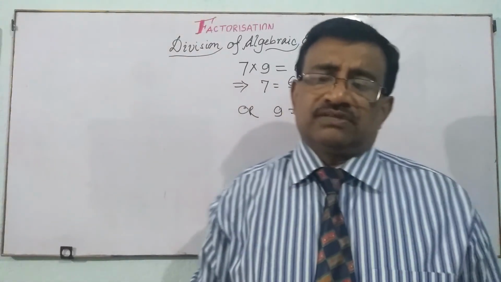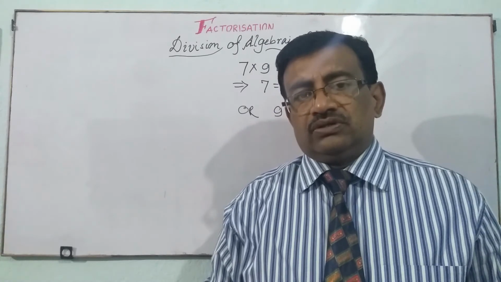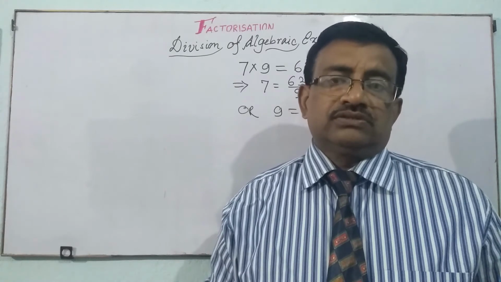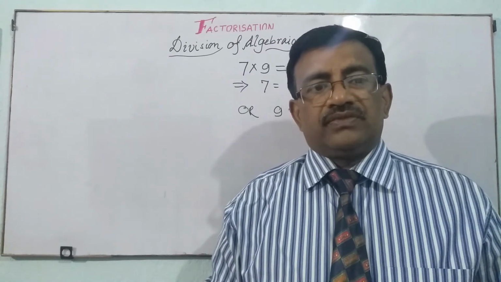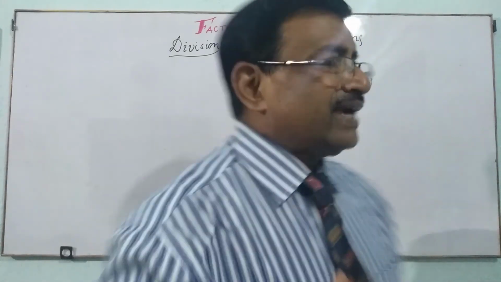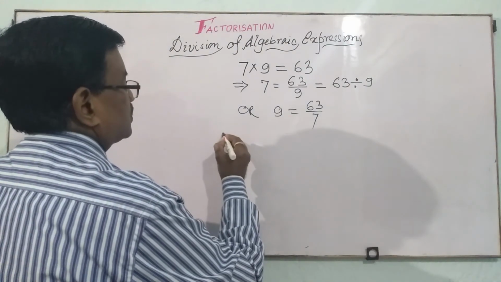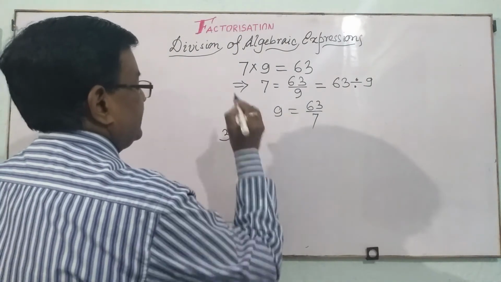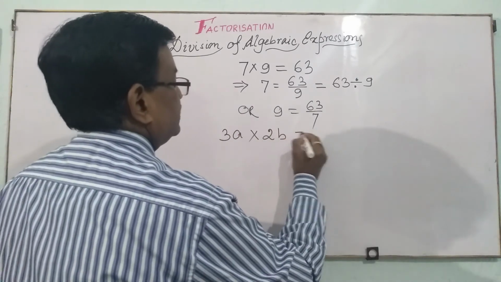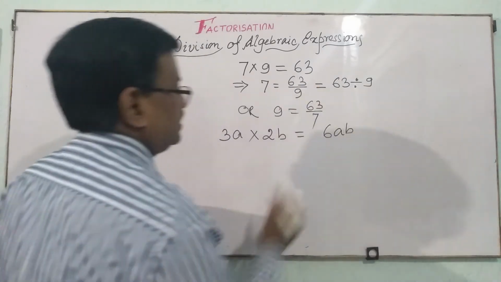This is simple division. Now, if you are applying this division process in algebraic expressions, then you can say the product of 3a into 2b equals 6ab.